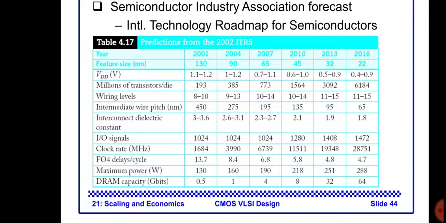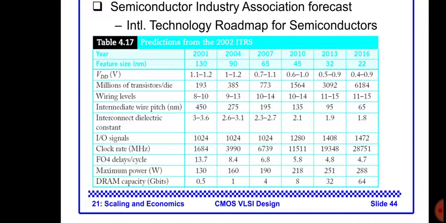Clock rate: in 2001 1684, in 2004 3990, 2007 6739, in 2010 11511, 2013 19348, and 2016 28751.